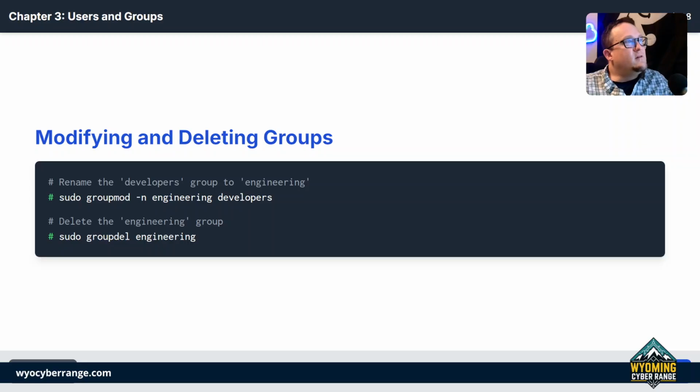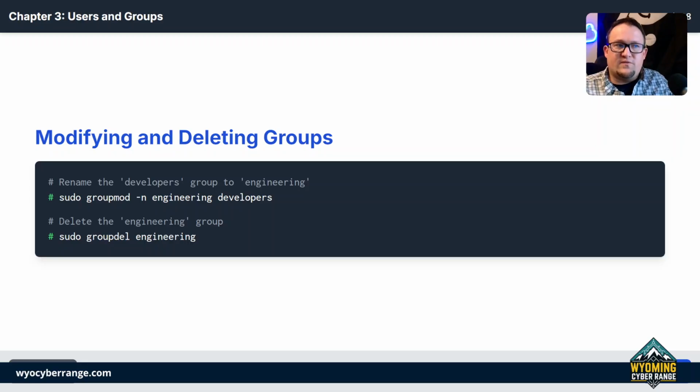Now, trust me, I've been doing this for 20 years, and even modifying group names like that confuses me sometimes. There are times where I think about it backwards. So if you're ever in doubt with a command, make sure you're using --help or the man pages to understand, am I typing this the correct way? Does engineering need to go first, or does developers need to go first?